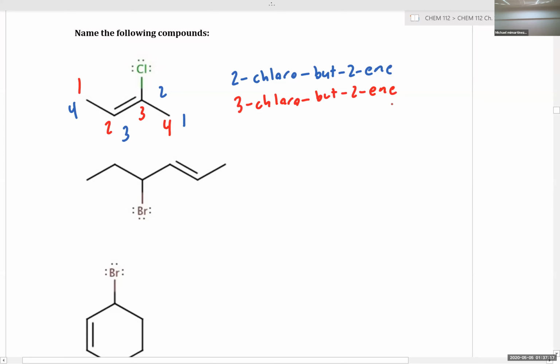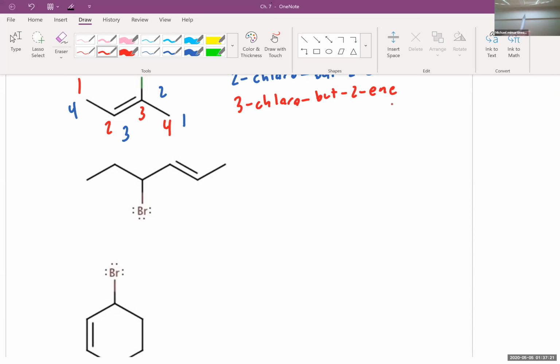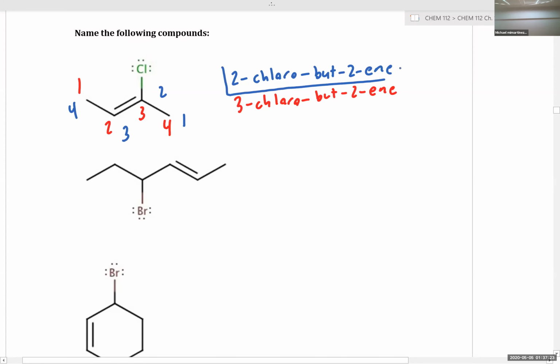Blue or red? Blue. Why? Because blue assigns the smallest possible locant numbers to each of our substituents. Now, and this may be a bit of a leading question, is this name finished?